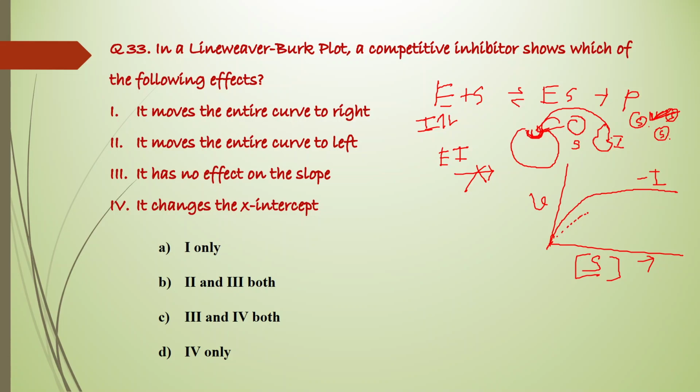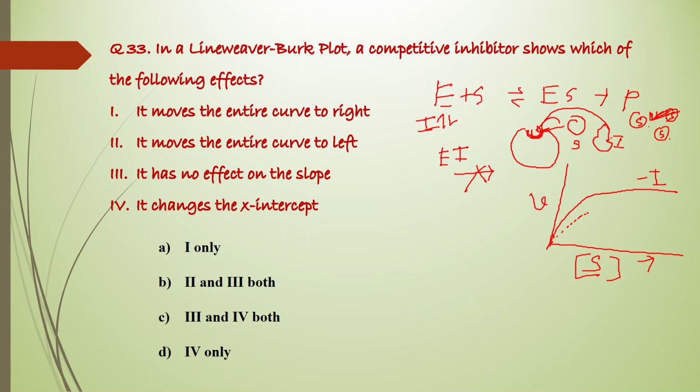So your free enzyme concentration will be equal to the total enzyme concentration that you initially put in the reaction. Now if your whole enzyme concentration is available to you, Vmax will be achieved again, because Vmax only depends on the total concentration of enzyme in the reaction.